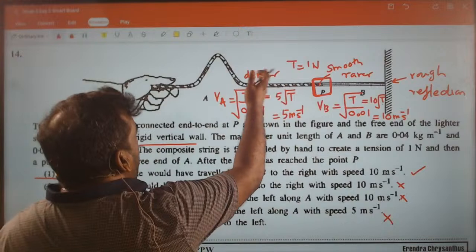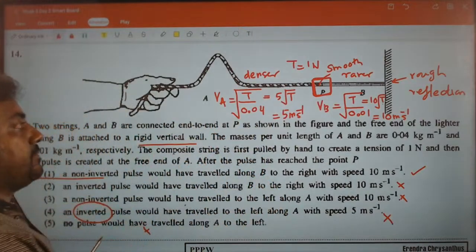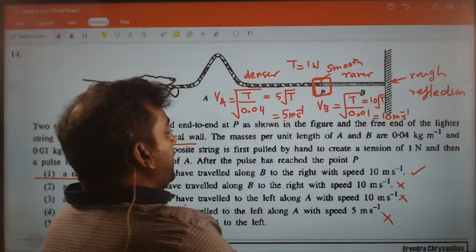So the reflected wave will be in the same phase.